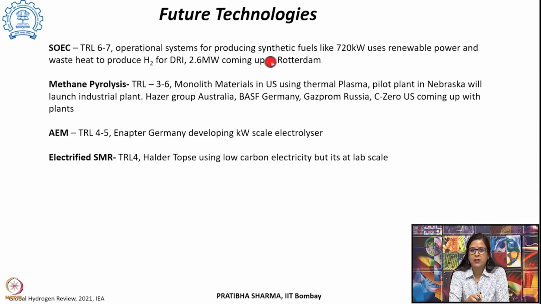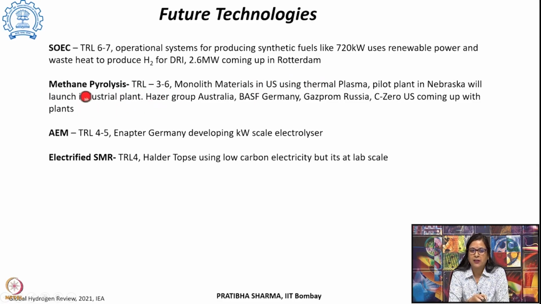This is for producing synthetic fuels, used with renewable power and of capacity 720 kilowatt, wherein even the waste heat is used for producing hydrogen for DRI in steel production. There is one more plant coming up of capacity 2.6 megawatt in Rotterdam.